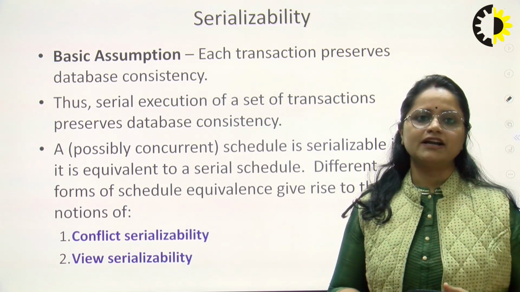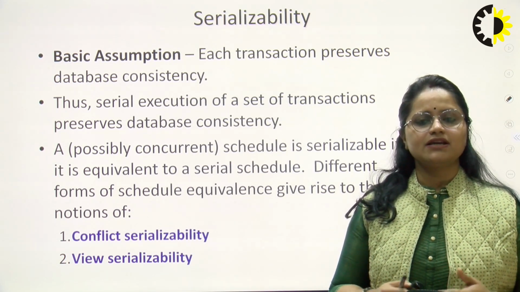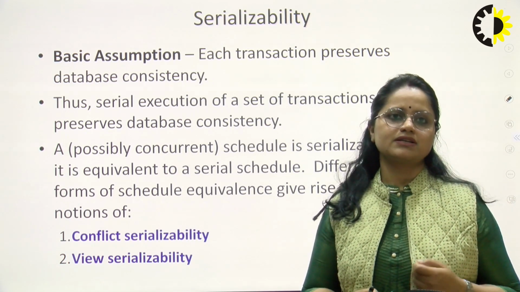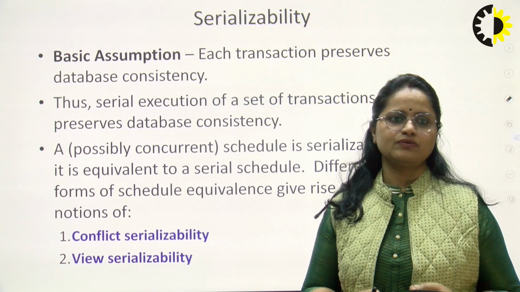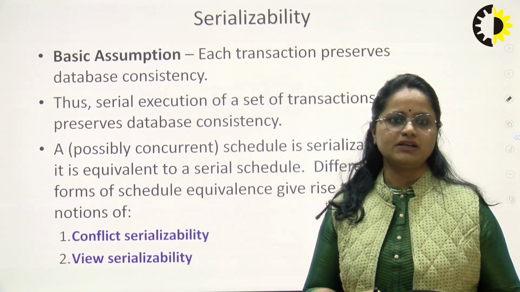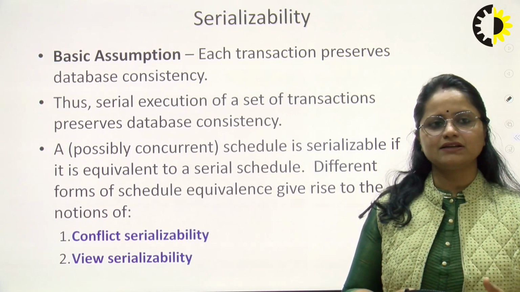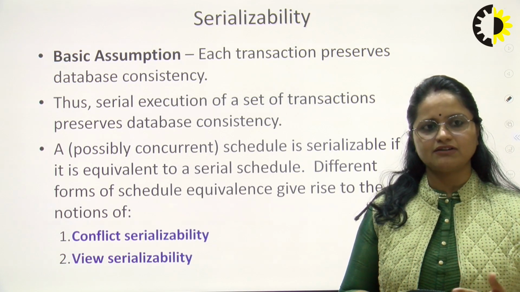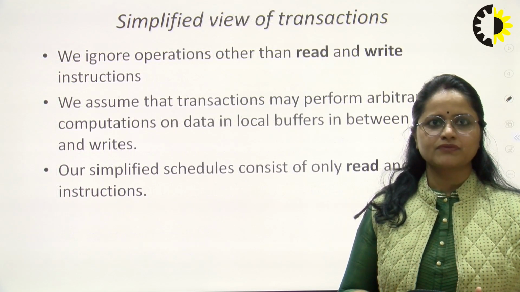But in the case of a concurrent schedule, there is a chance to lose consistency. So to ensure consistency, we have to deal with serializability. We will be discussing two types of serializability: conflict serializability and view serializability.